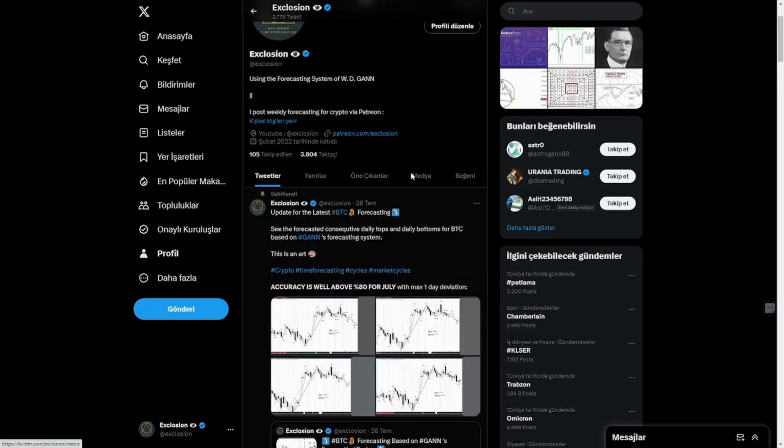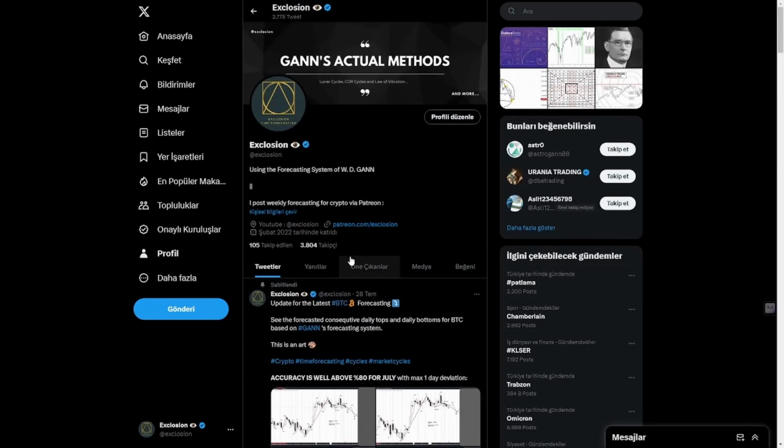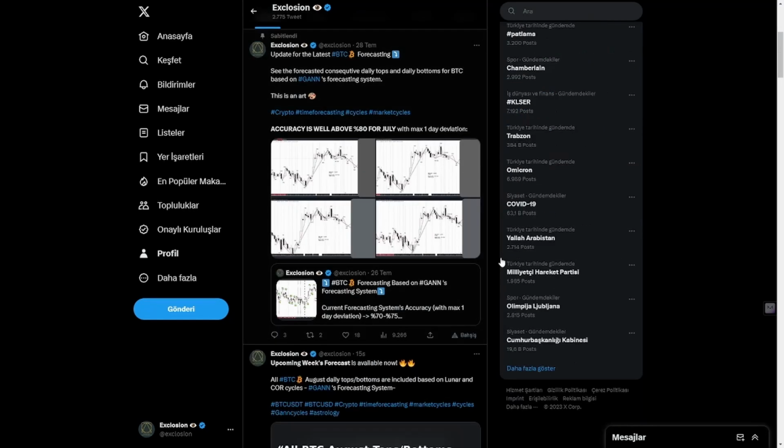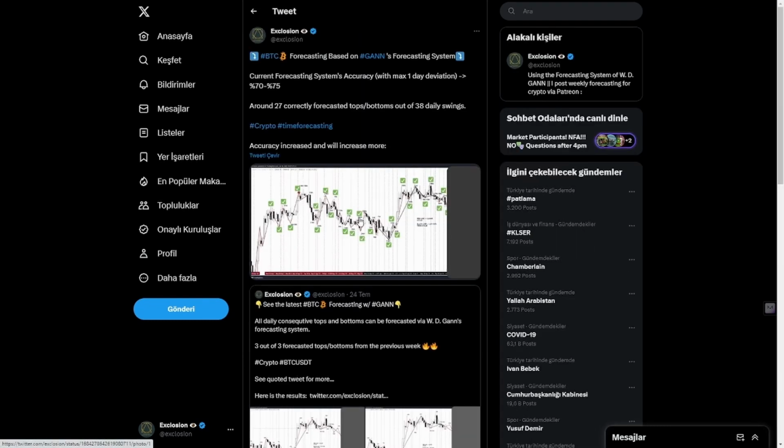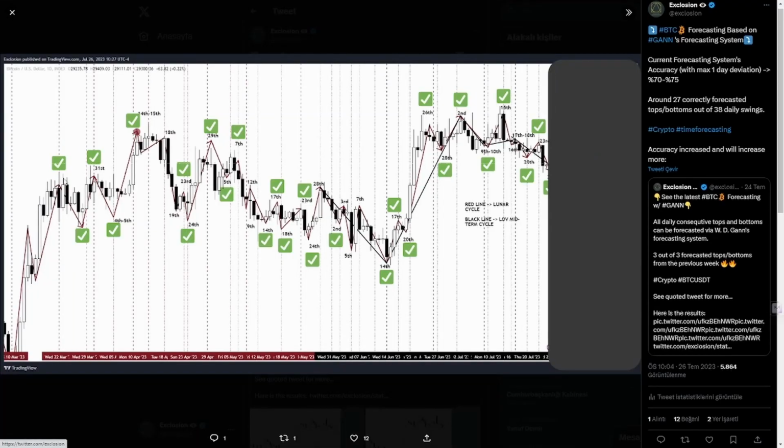This is my Twitter page, and I post weekly forecasting for crypto. Now I will show you something about my accuracy. These ticks are forecasted daily tops or bottoms, which were shared with members in these weeks. I shared this firstly in my group.